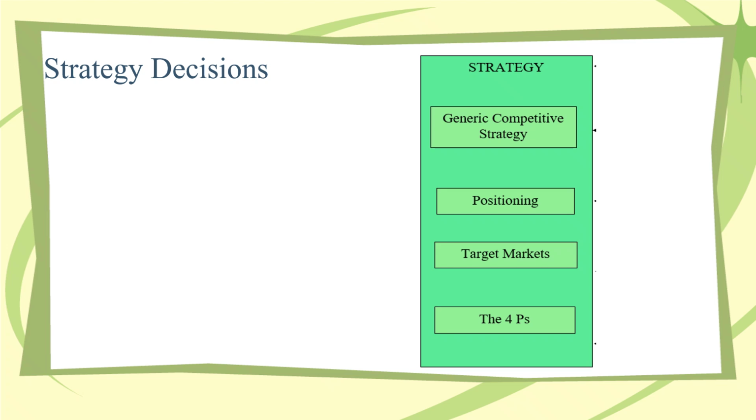We're going to look at target markets. And then we're going to look at how we are going to manage the 4Ps as part of the strategy. And of course, the 4Ps are the traditional aspects of any marketing operation.